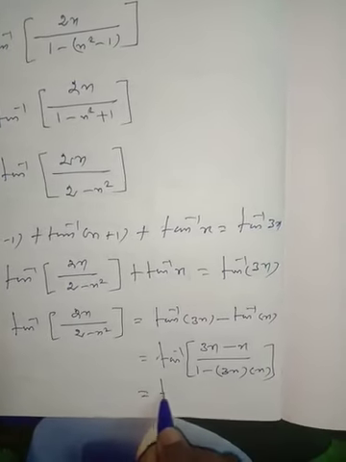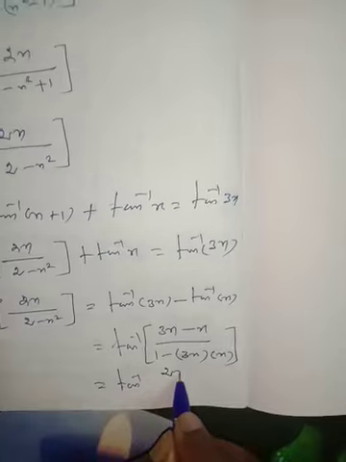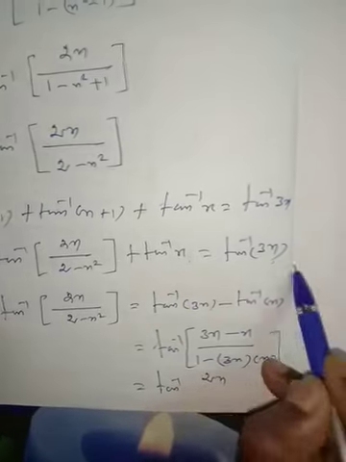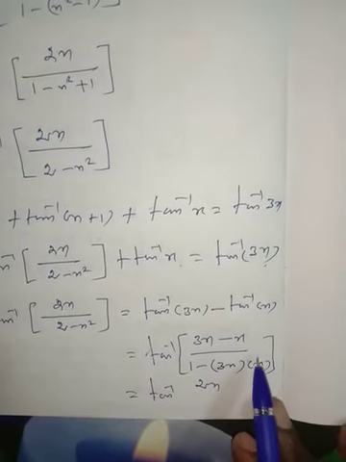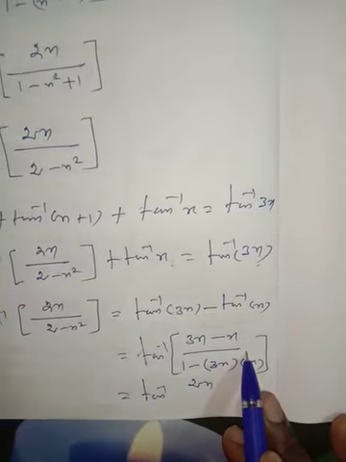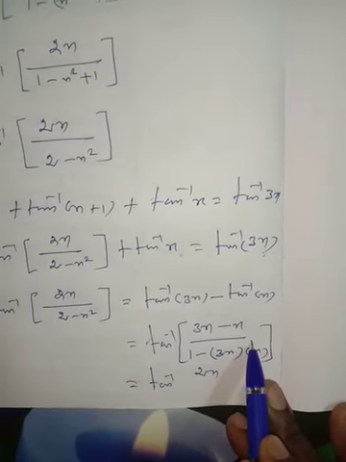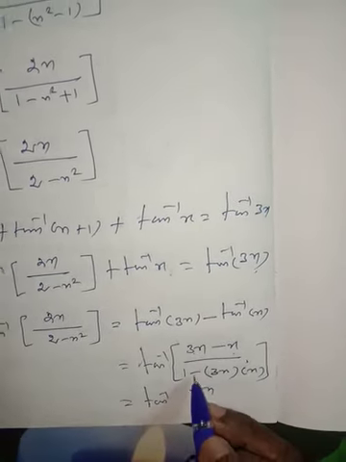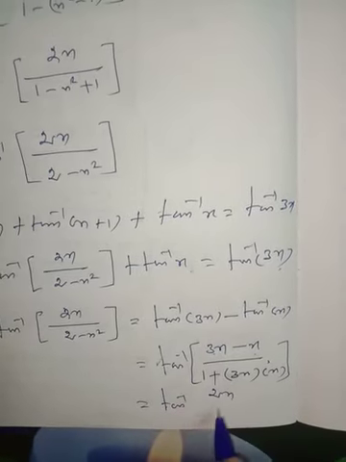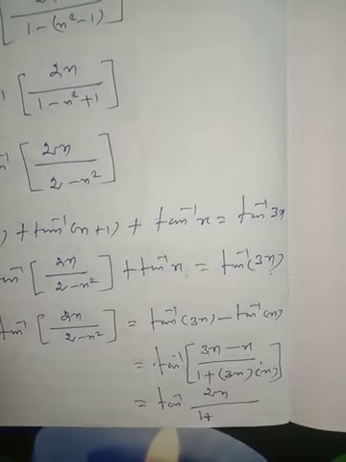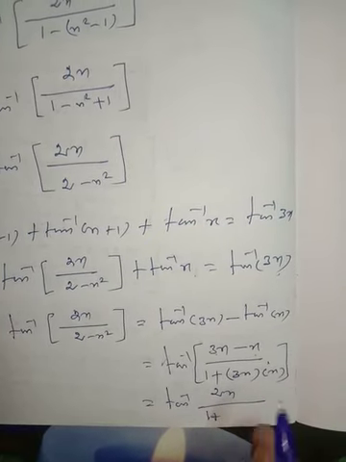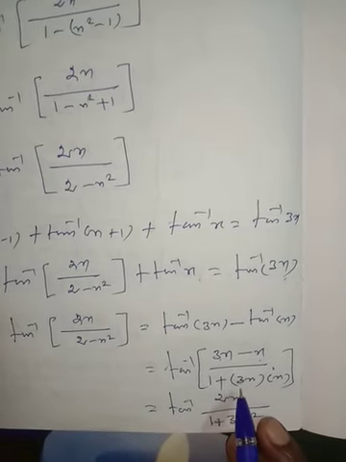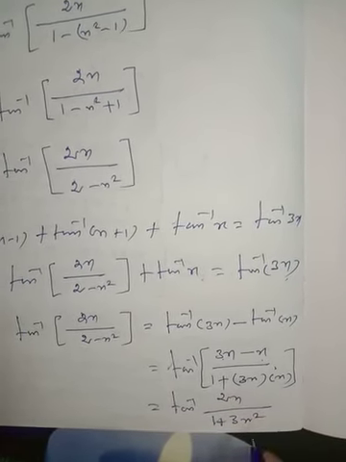Right hand side: tan inverse of 3x minus x divided by 1 plus 3x square, 3 into x square.